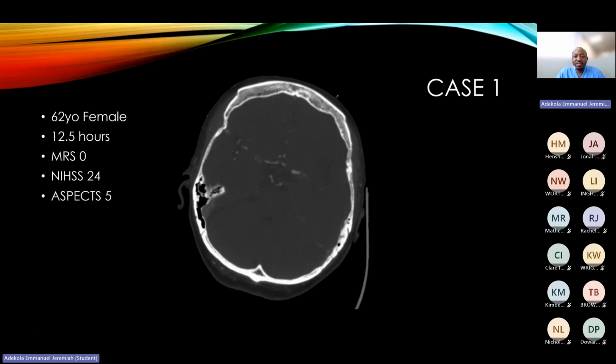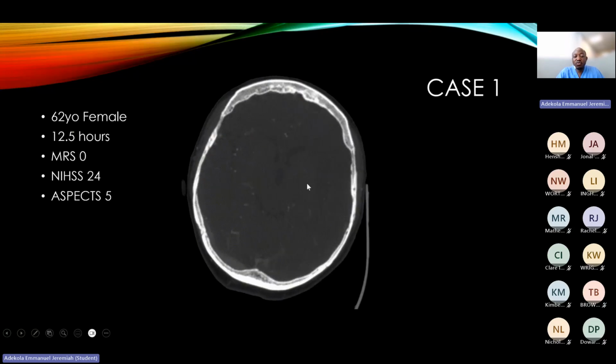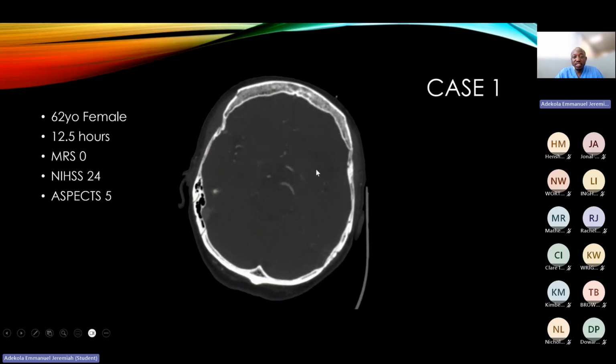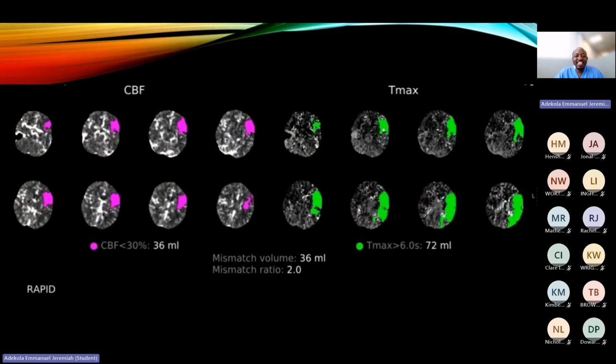And she had a CTA, which shows that she's got a left M1 occlusion, which we can see here, and a left M2 occlusion. And then she had the CT perfusion. So she's not progressing as fast as one would expect for someone who was last seen well 12 hours before the onset.